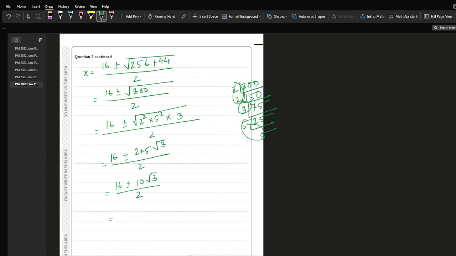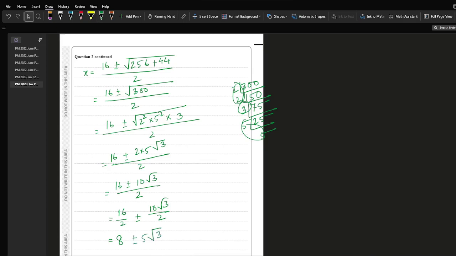Now we can break this down: 16 by 2 plus or minus 10 root 3 by 2, or you can take 2 common from the top and do the cancellation, but I prefer this way: 8 plus or minus 5 root 3.